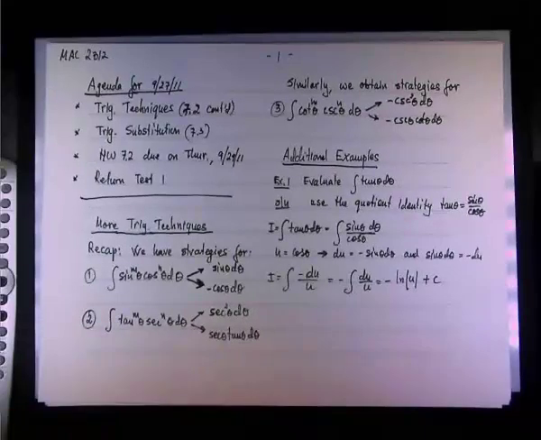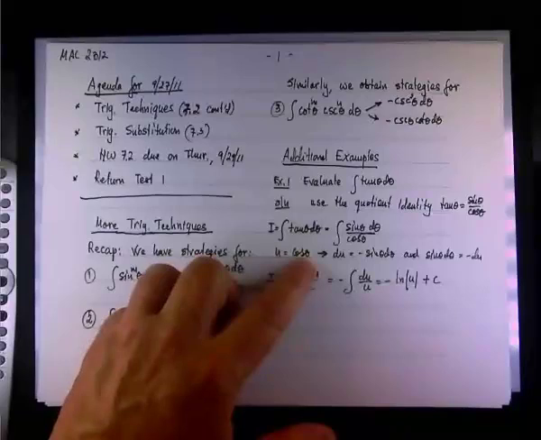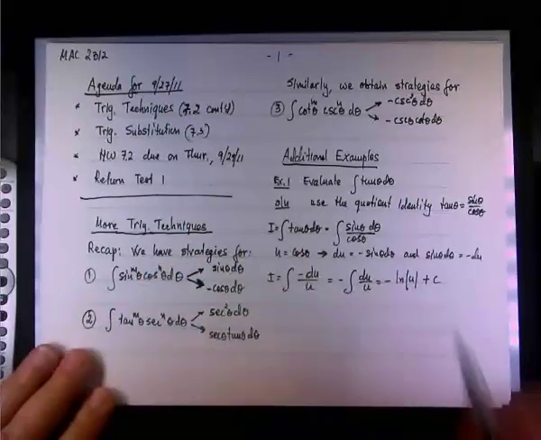And with the natural log of anything, because the argument of the natural log has to be positive, it cannot equal 0 or negative, you need to use the absolute value. Okay? Because u equals cosine theta, and nobody tells us cosine theta cannot be negative, right?